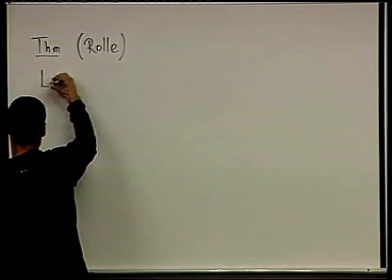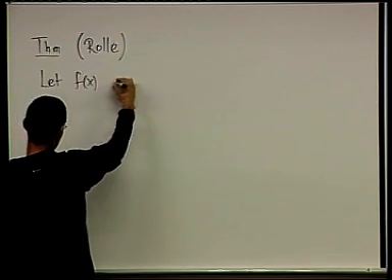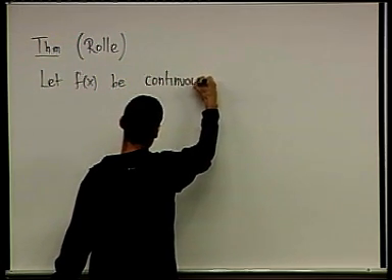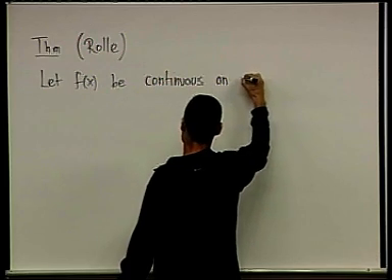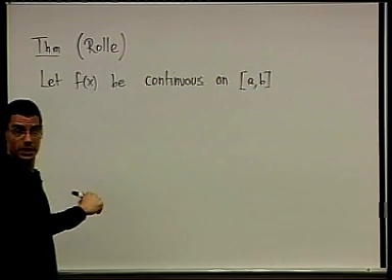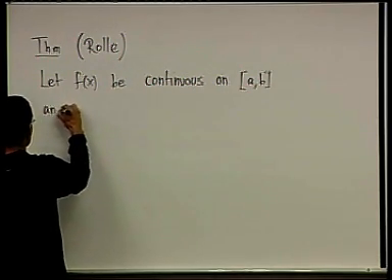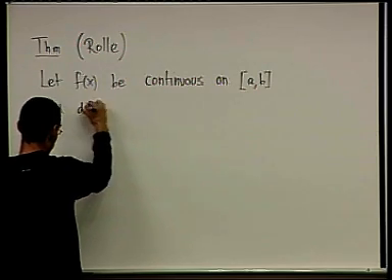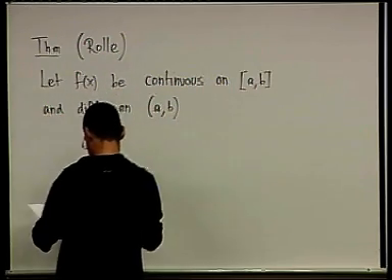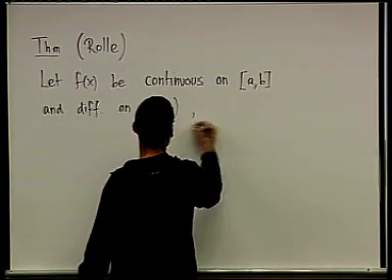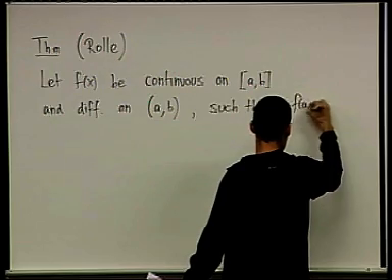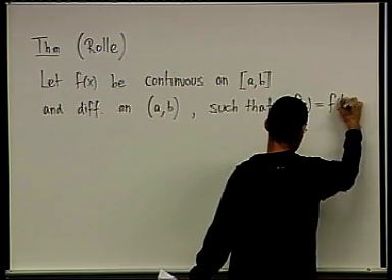Let f be continuous on [a, b]. Again, I'm going to write everything and then explain. And differentiable on (a, b) such that f(a) equals f(b).